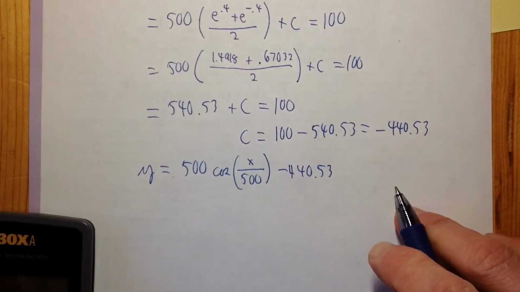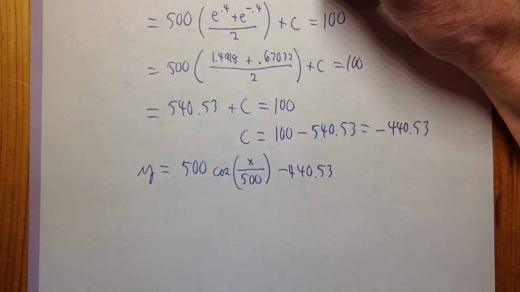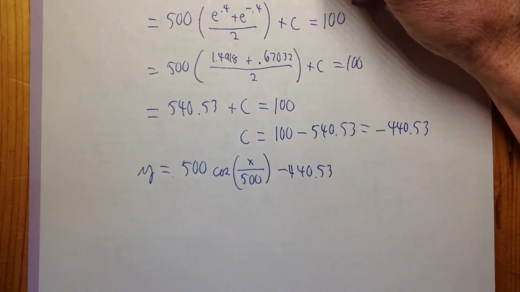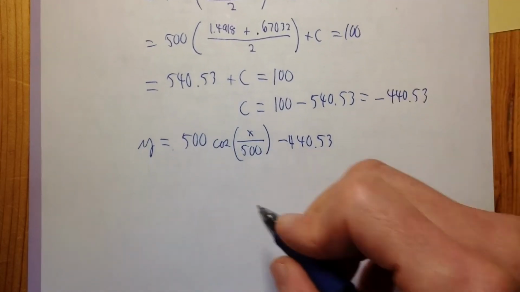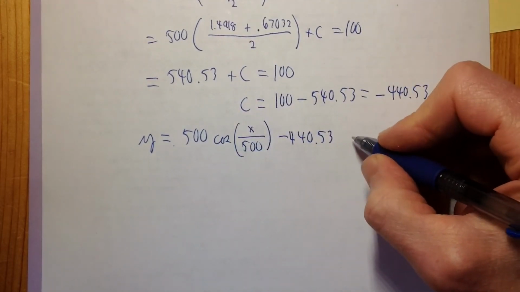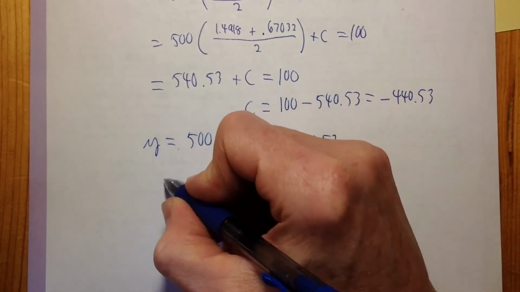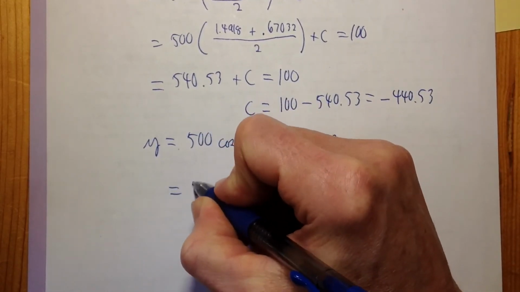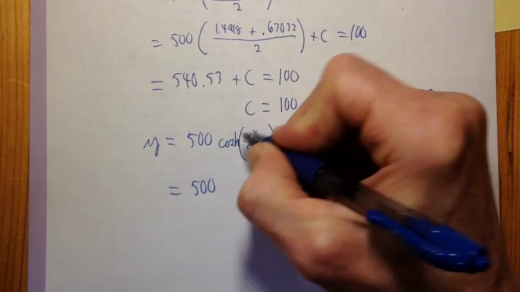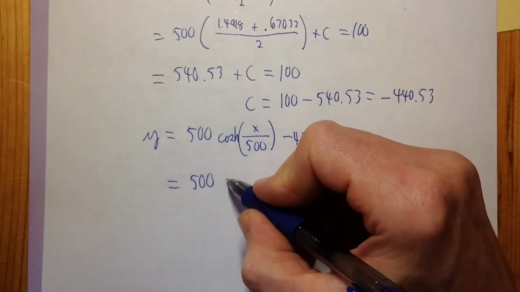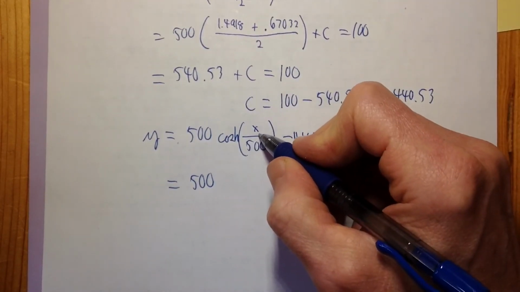So what is d now? What is y when x equals 0? That's all we've got to know. So when x equals 0, what is y? Well, let's just plug that in. So we have 500 cosh, we plug in 0 here for x.